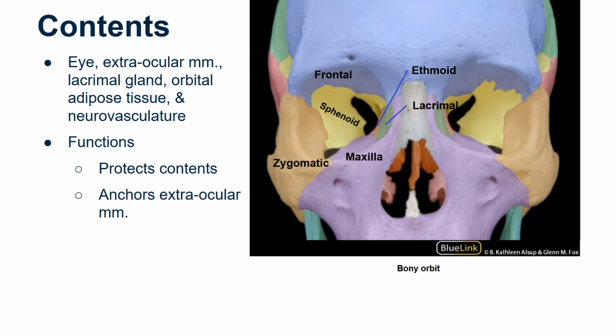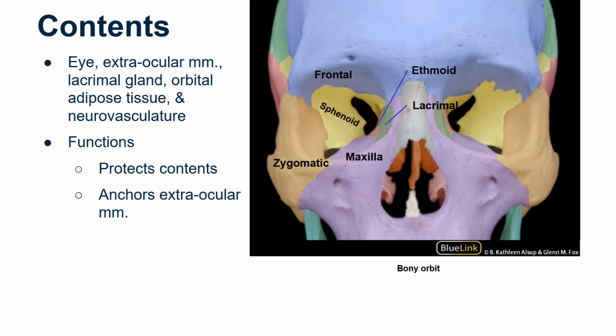The orbit is home to the eye and the extraocular muscles, which largely move the globe of the eye to affect gaze, and all of the neurovasculature which serves the eye. It also hosts the lacrimal gland, which is a supportive structure to the eye. In terms of its functions, it protects the eye and the lacrimal gland and all of the neurovasculature which supports it.